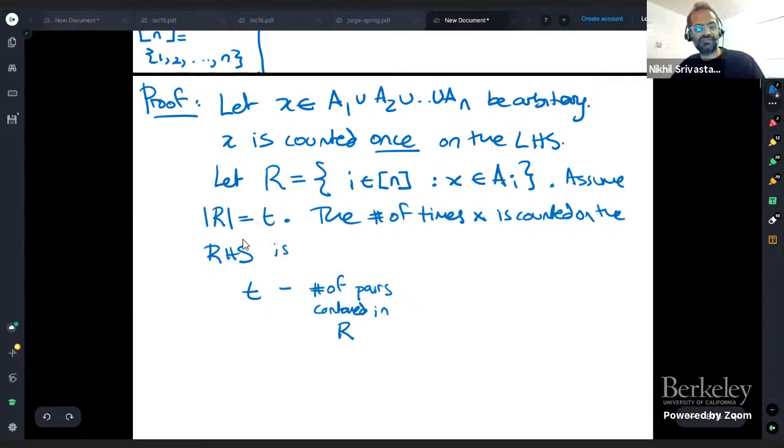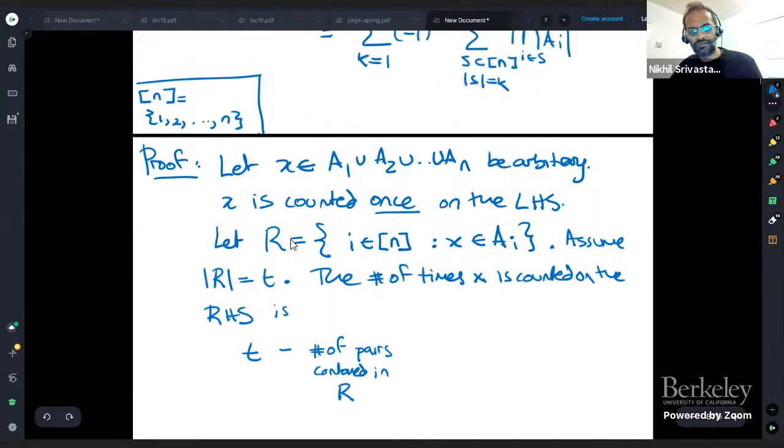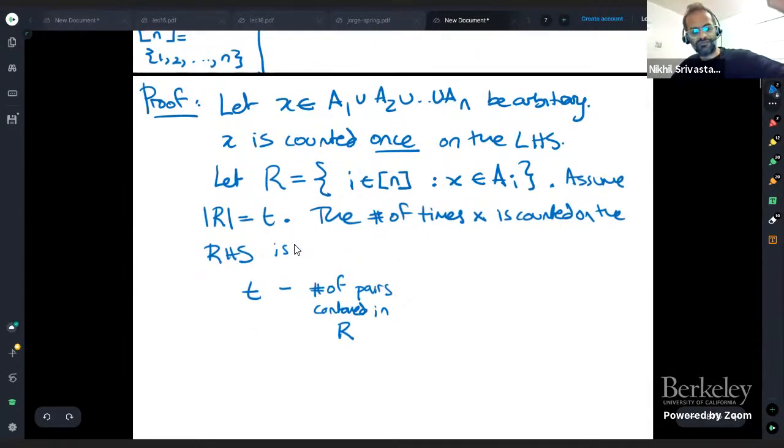And X appears in these T different sets. And so the number of times you're going to get a -1 is the number of pairs, the number of 2-element subsets. Let me just be very clear, the number of 2-element subsets. So any questions about that step?